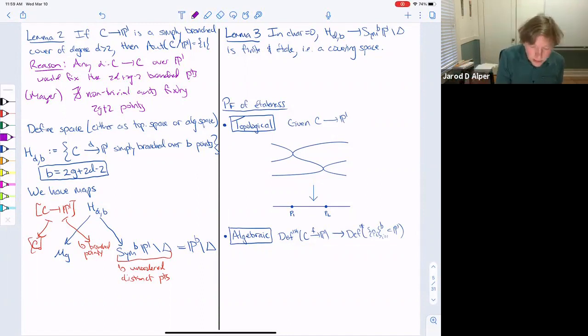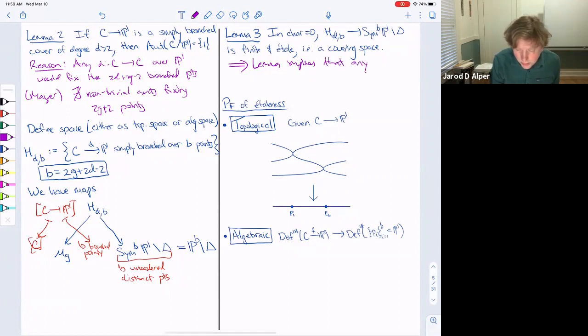So what this lemma will allow us to do is to show that any C to P1 can be deformed so that the branch locus is general.